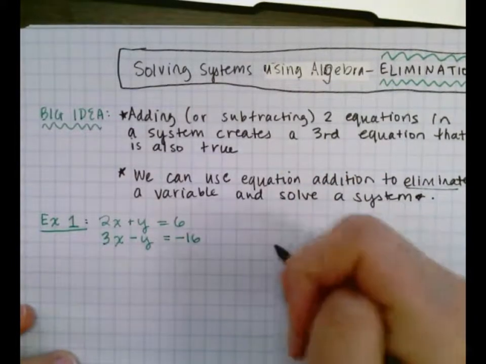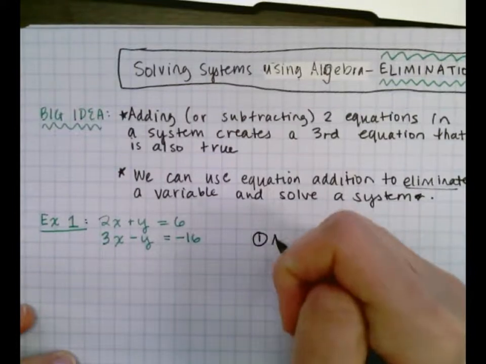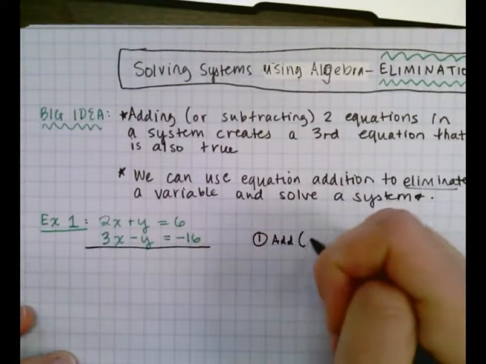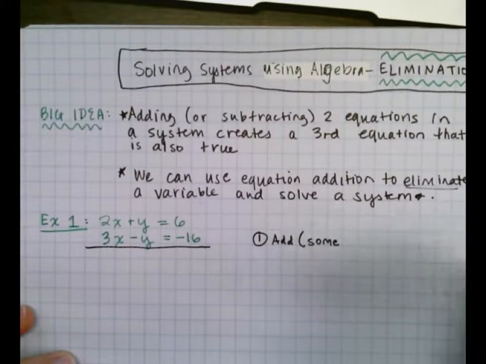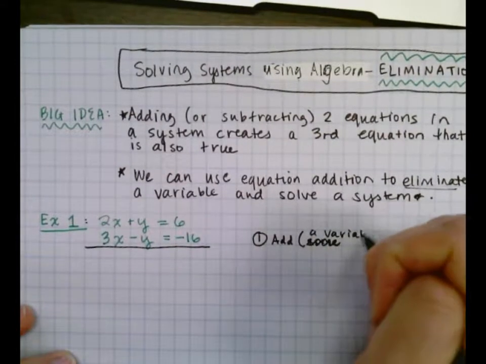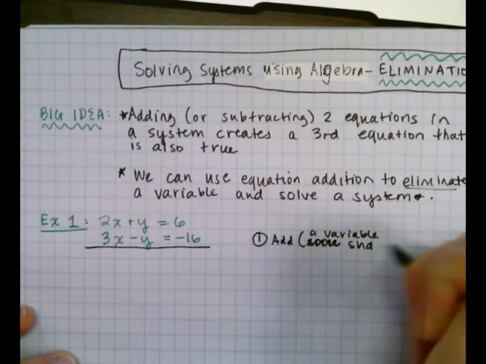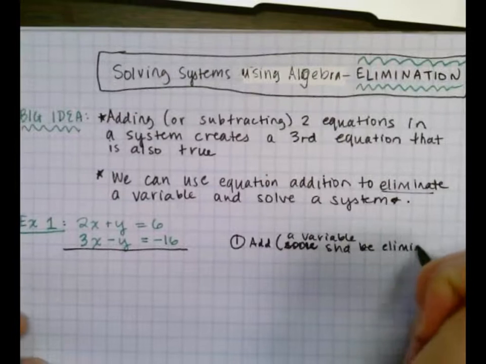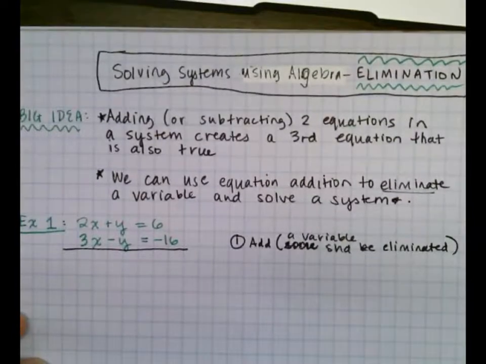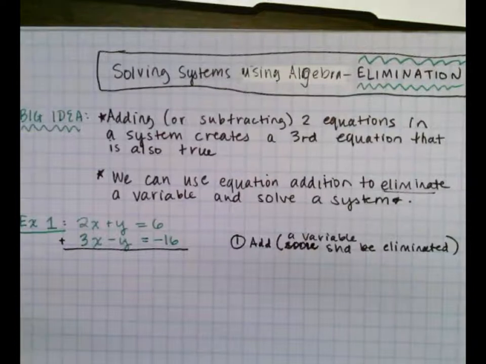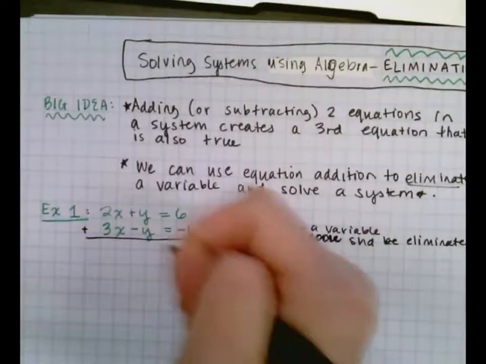So the first thing we're going to do here is add our two equations. And a variable should be eliminated. If you don't eliminate a variable when you add, then you should go back and think about if you did something wrong.